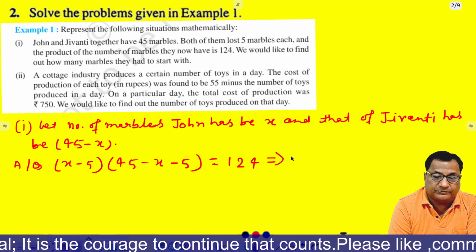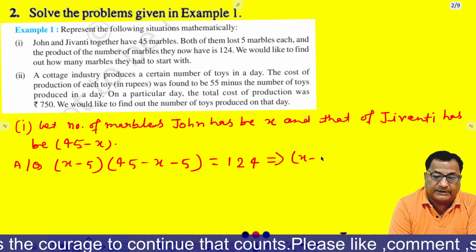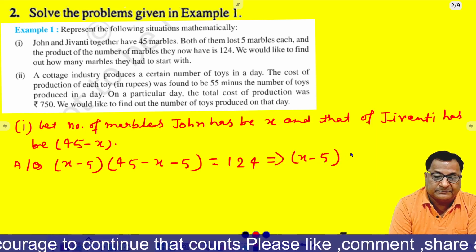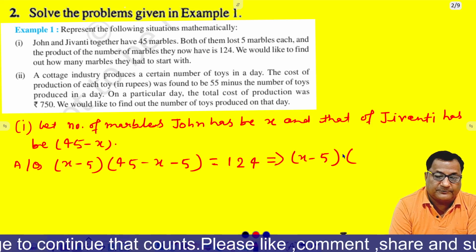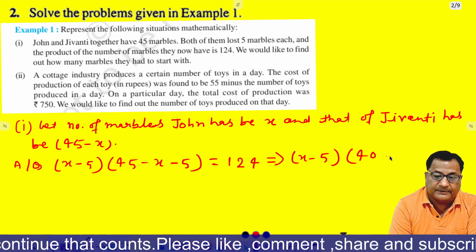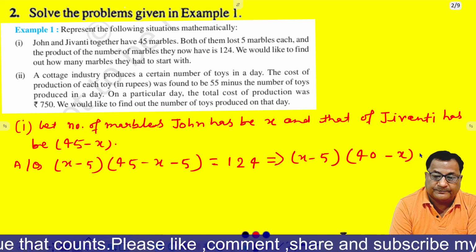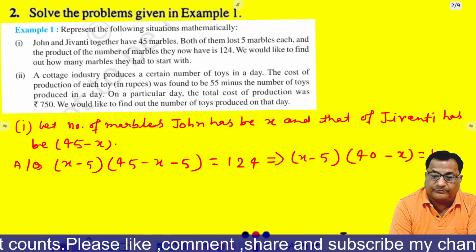Now if you simplify this, x minus 5 into 45 minus 5, that is 40 minus x, is equal to 124.